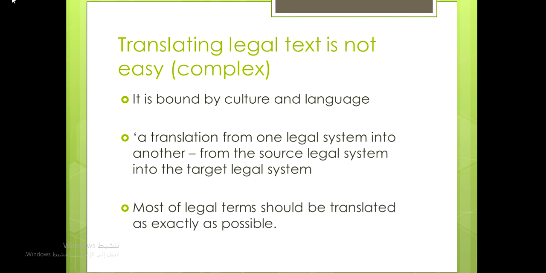Okay, so most legal terms should be translated as exactly as possible.